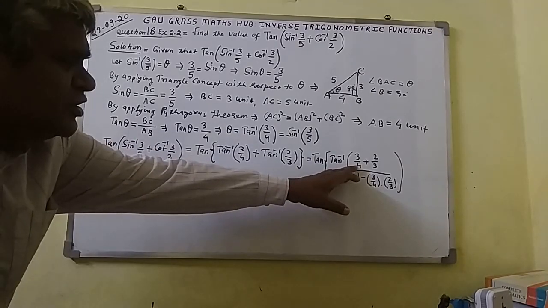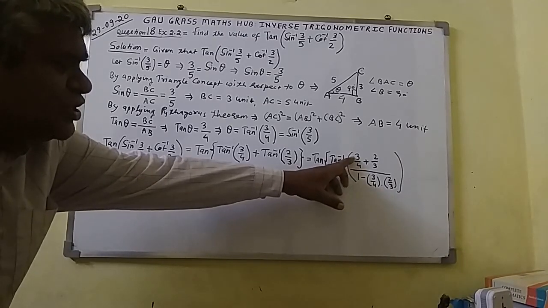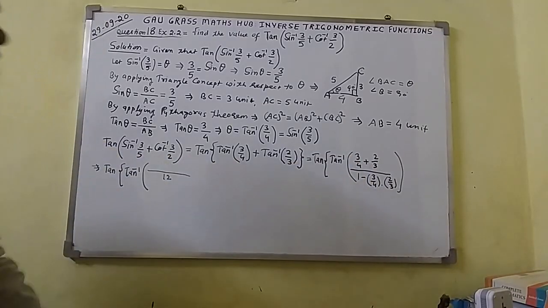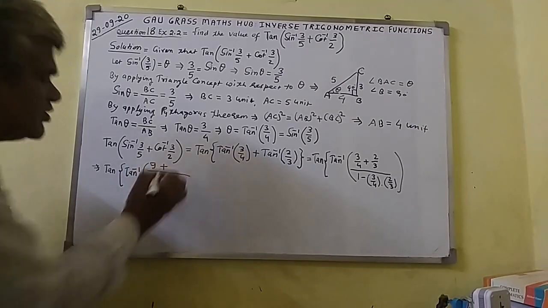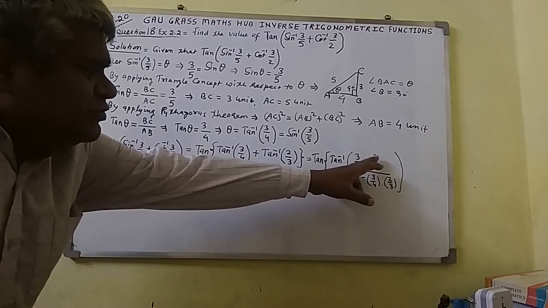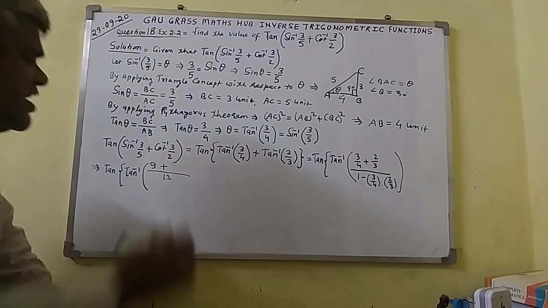This 4 will multiply by 3, you will get 12, and this 3 will multiply by 3, you will get 9. 9 plus, and this 2 will multiply by 4, you will get 8.